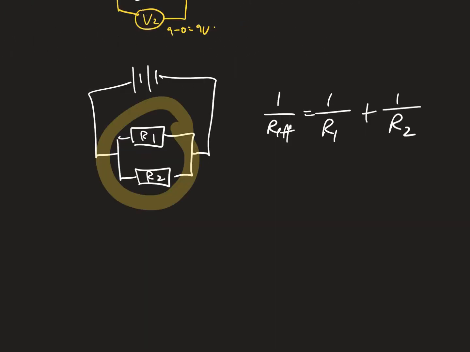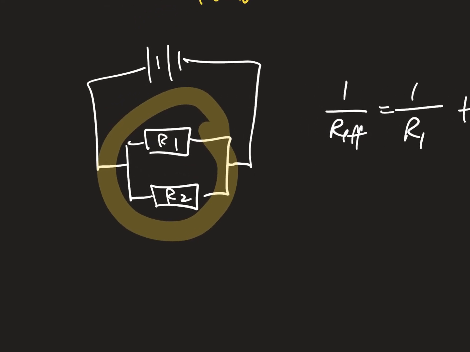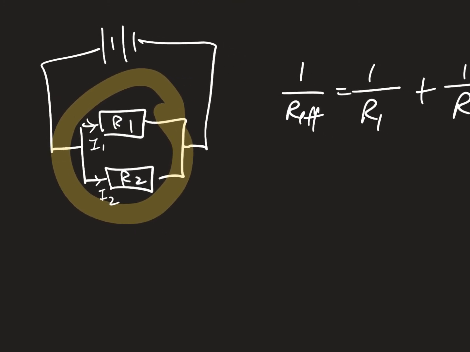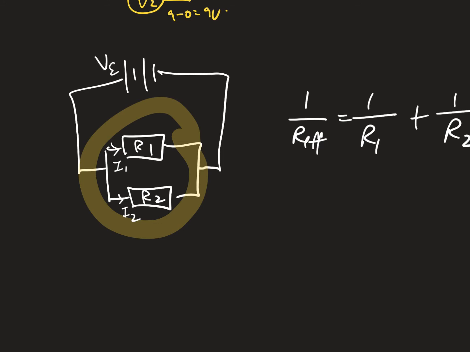I can show you a quick derivation, which applies V equals IR. You can see the current going through here, let's call it I1, and the current going here, I2. Let's apply V equals IR. This is V of the battery, VE, which we also know is the same potential across R1 and R2.